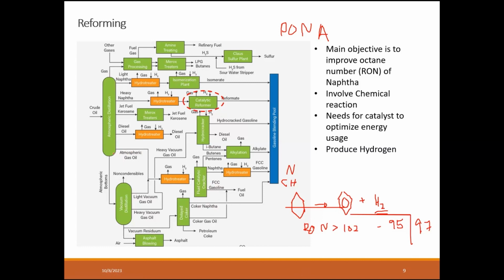So the heavier the hydrocarbon is, the less valuable. So with the fluidized catalytic cracker, it can crack the heavy hydrocarbon, the long chain hydrocarbon, to a more valuable product such as naphtha and gasoline.